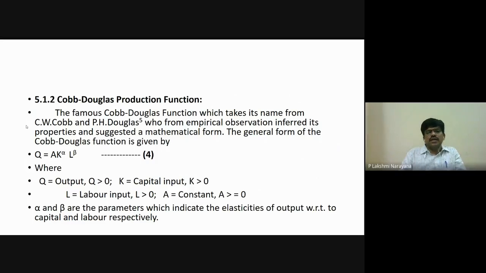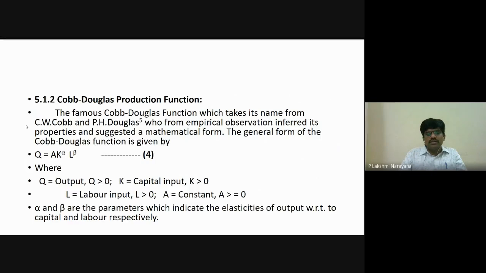Once again, I repeat it: the famous Cobb-Douglas function takes its name from C.W. Cobb and P.H. Douglas, who from empirical observation inferred its properties and suggested a mathematical form. The general form is Q = A K^alpha L^beta. This is very important.